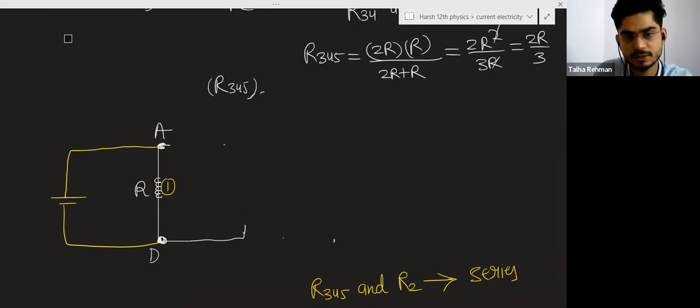I have modified the circuit. After this step we will modify it again.